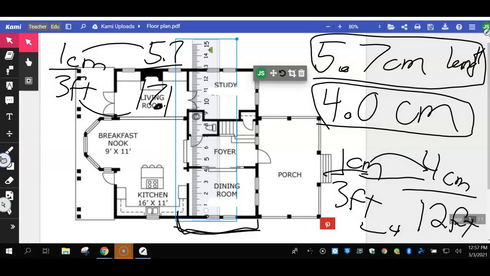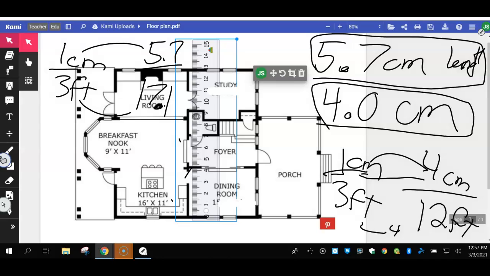This could turn into what you're actually building. And if you do that right, then this dining room is going to match what you're building here. So that's why all this is so important. And that's just the foyer too, you did that one? Or the study? We did the dining.